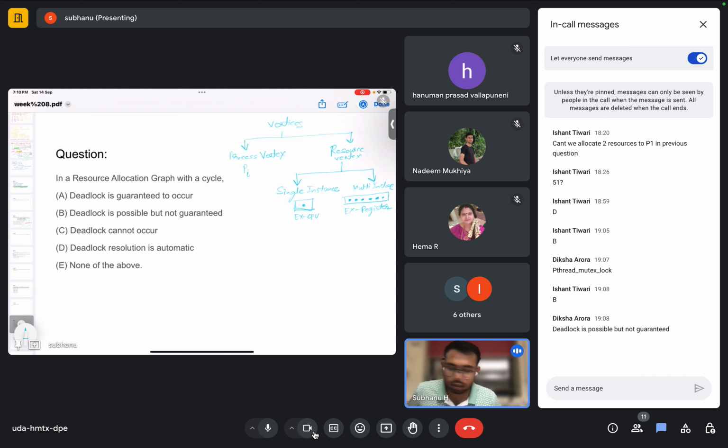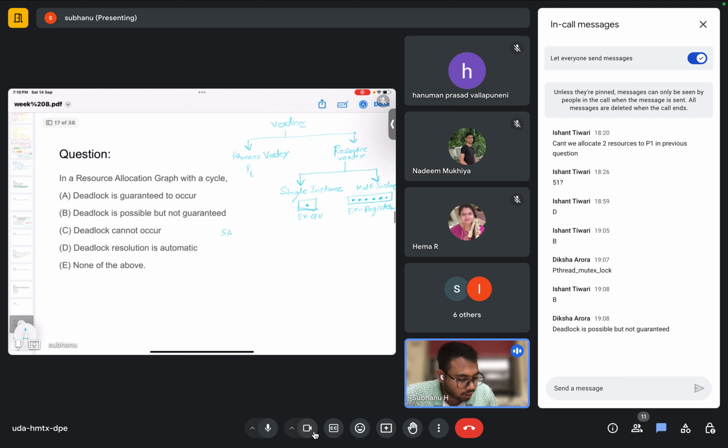So this is the case if you have a single instance resource allocation graph. So R1, this is a box, which means a resource, and round means a process.